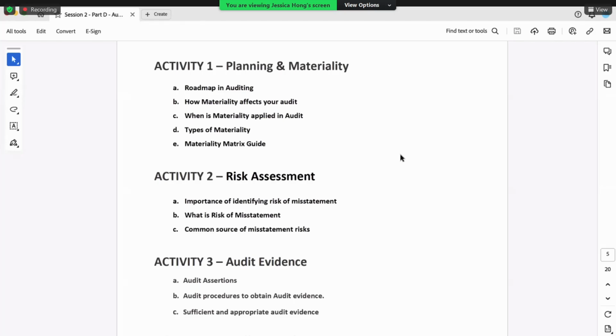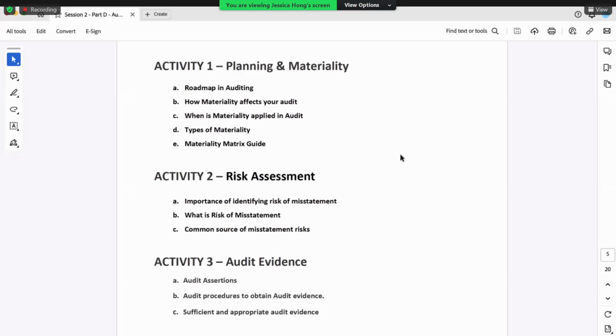All right. In this roadmap, we will also use this as an introduction to position how materiality comes into place. Materiality is also one of the big topics that will be tested, and how materiality shall be applied. When to be applied? How do we actually use materiality in our audit?